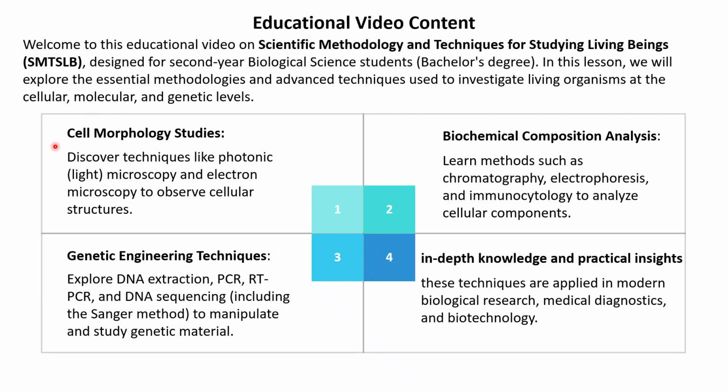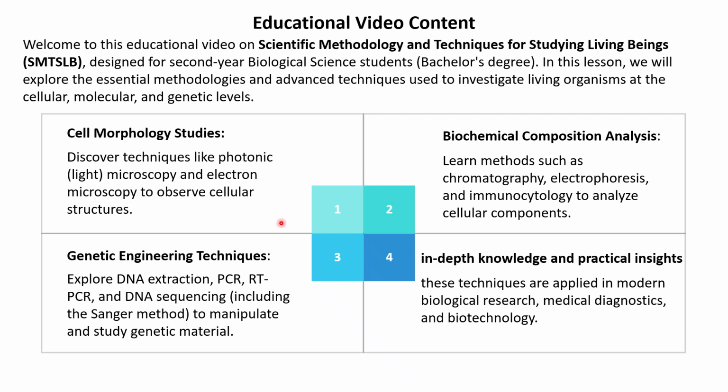First, we'll explore cell morphology studies, where you'll discover techniques like photonic, light, microscopy, and electron microscopy to observe cellular structures in detail. Next, we'll delve into biochemical composition analysis, learning methods such as chromatography, electrophoresis, and immunocytology to analyze various cellular components.